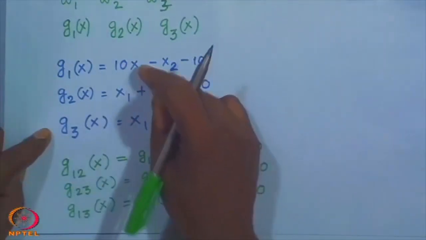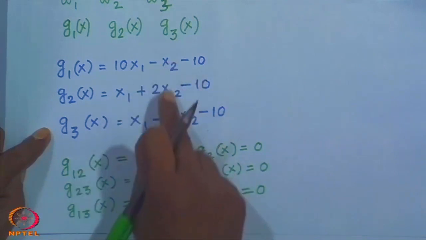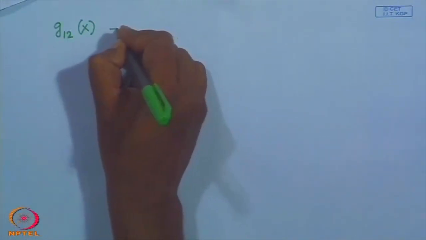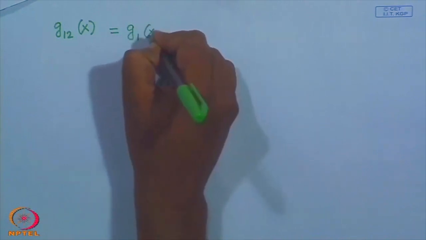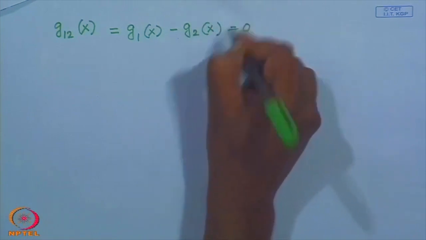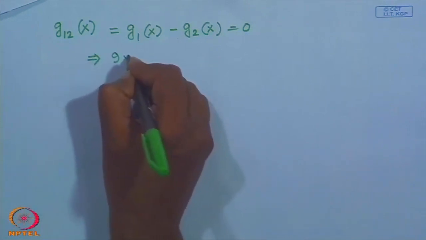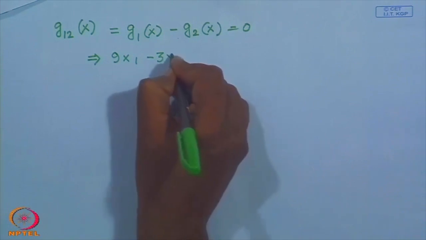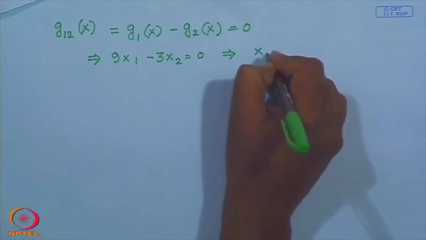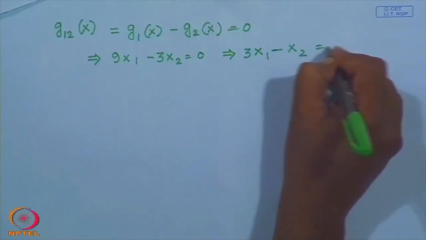If I compute this, g1x minus g2x will be 9x1 minus 3x2, which is equal to 0. Which is nothing but 3x1 minus x2 equal to 0.